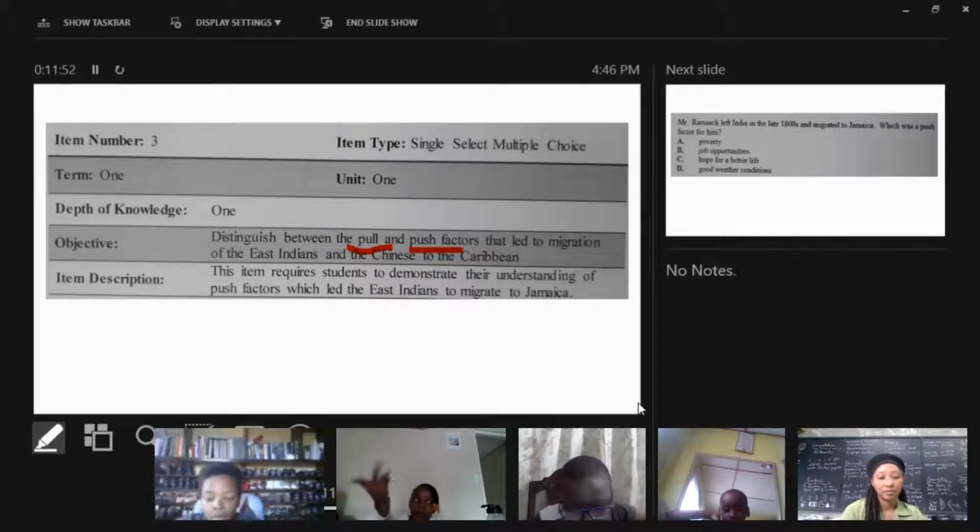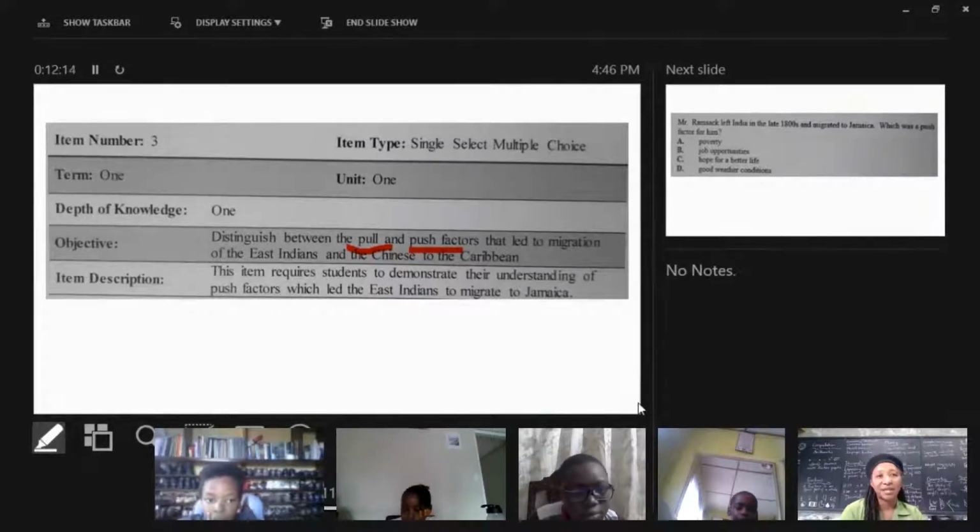Miss, I am totally lost. All right, Miss, I searched up a push factor. It says that push factors encourage people to leave their hometown or country of origin and to settle somewhere else.